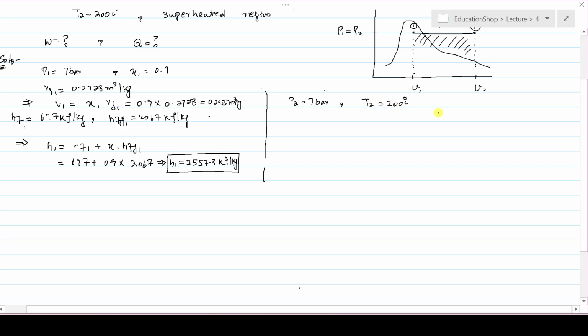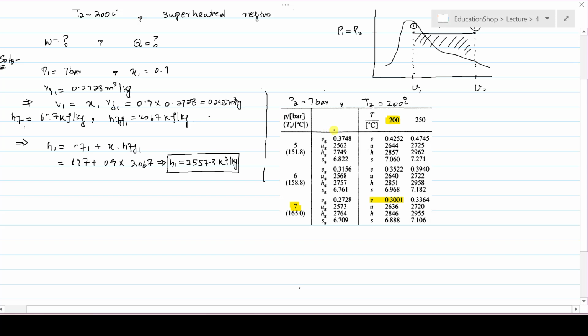Let me insert the superheated steam table portion on the screen so we can easily get the values. From 7 bar and temperature 200 centigrade, the corresponding specific volume V2 is 0.3001 meter cube per kg, and the final enthalpy H2 is 2846 kilojoule per kg.